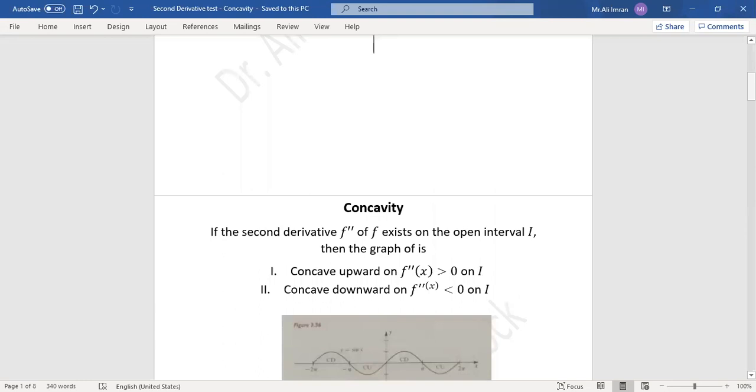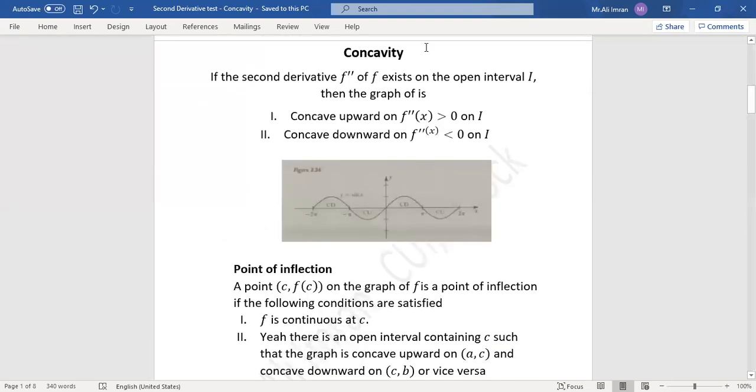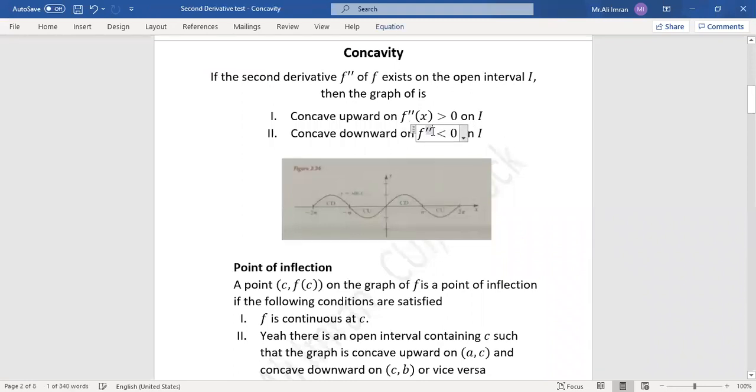First of all, I would like to brief about concavity. If the second derivative f double prime of f exists on an open interval I, then the graph of f is concave upward when f double prime of x is greater than 0 on interval I, and concave downward when f double prime of x is less than 0 on I. The intervals will be constructed by putting the second derivative equal to 0.